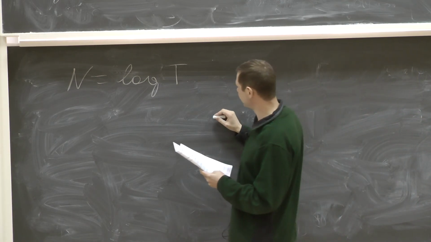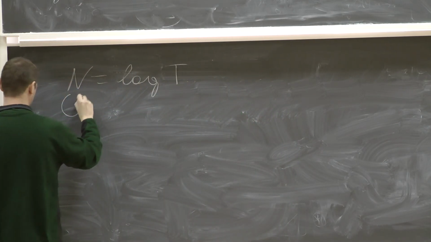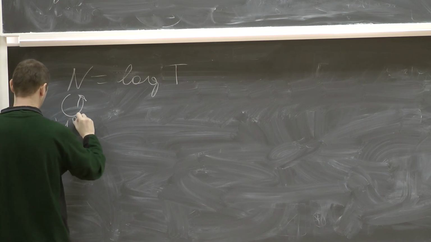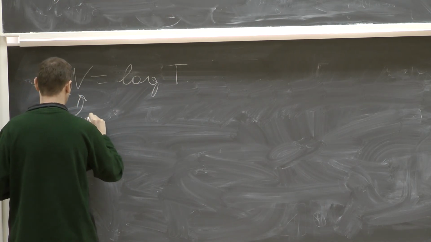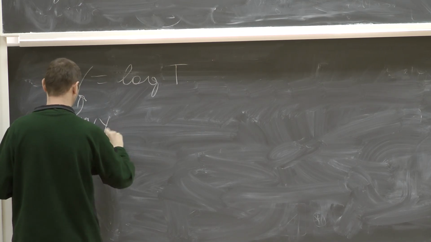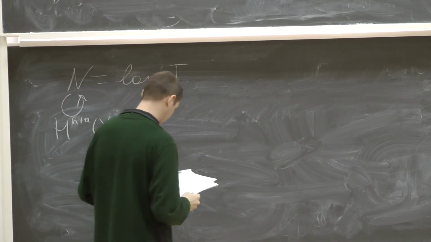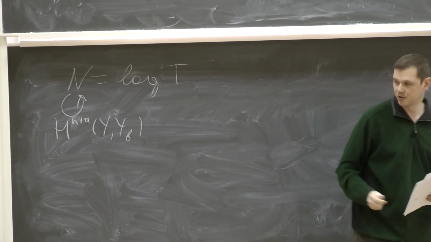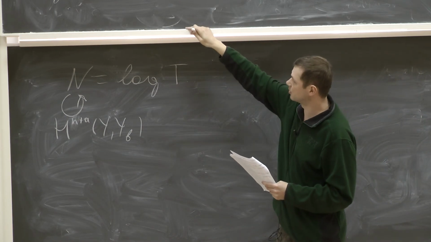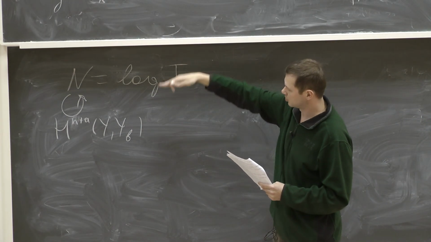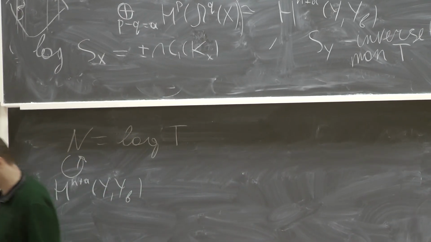So N acts on H^(n+a) of (Y, Y_b), and the weight filtration should give dimensions, numbers which should correspond to Hodge numbers here.